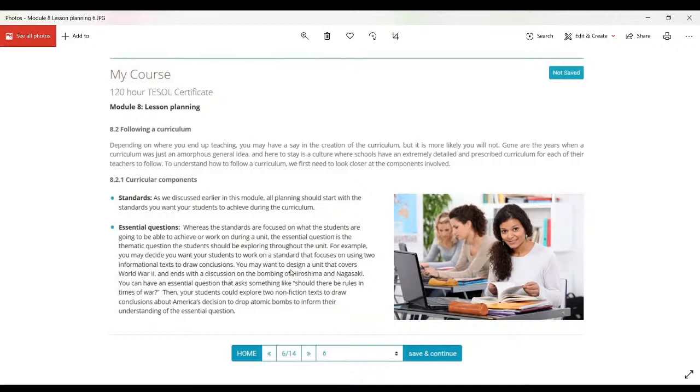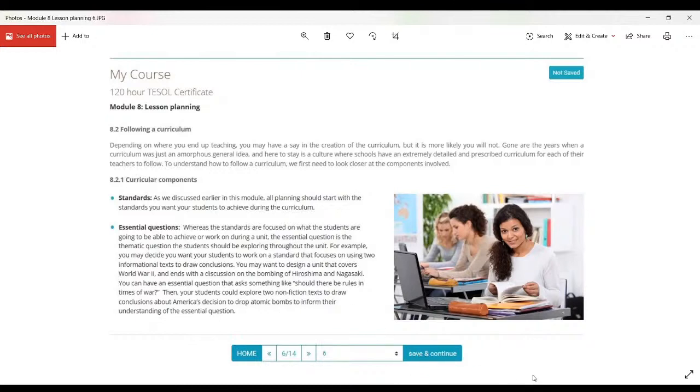You may want to design a unit that covers World War II and ends with a discussion on the bombing of Hiroshima and Nagasaki. You can have an essential question that asks something like, should there be rules in times of war? Then, your students could explore two nonfiction texts to draw conclusions about America's decision to drop atomic bombs to inform their understanding of the essential question.